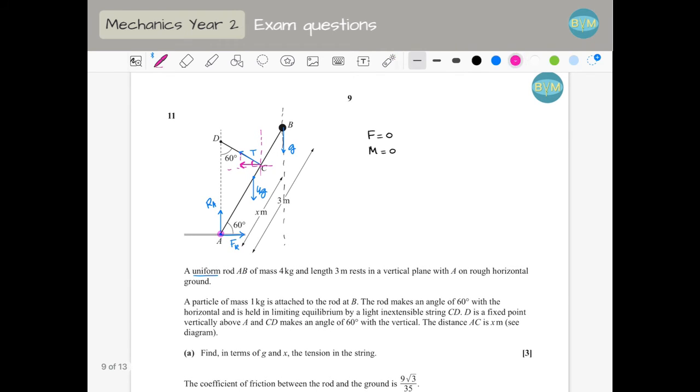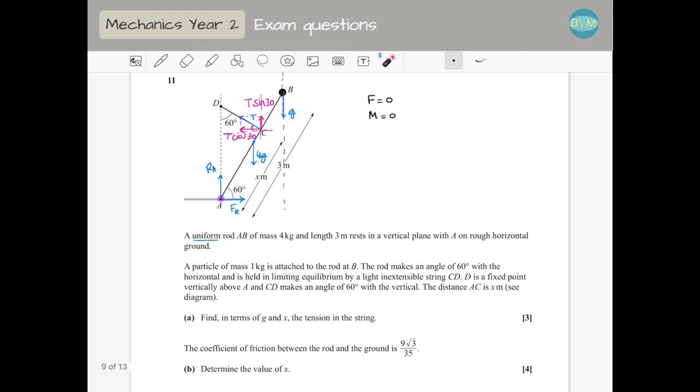Because, for example, if you look at this line and this line, they are alternate angles. So this is 60, this is 30, this must be 30. So this component is going to be t cos 30, because this is the adjacent, looking at this triangle. And the vertical component, this one, is going to be t sine 30, because it's the opposite to the angle.